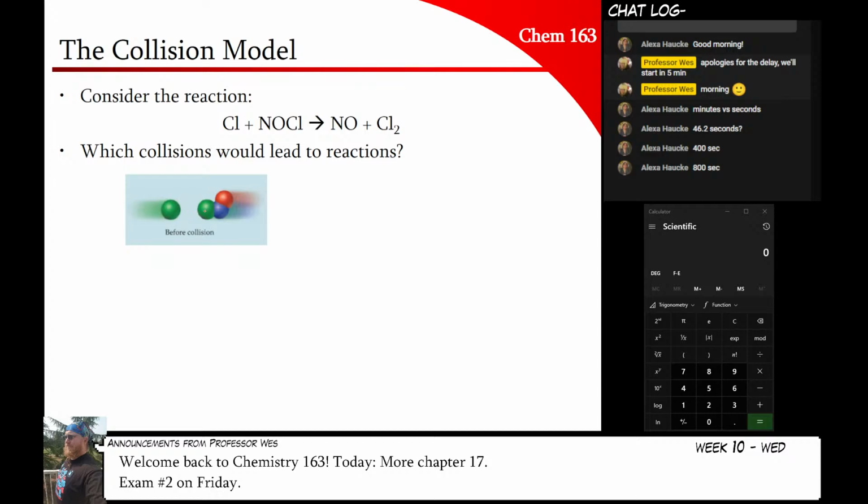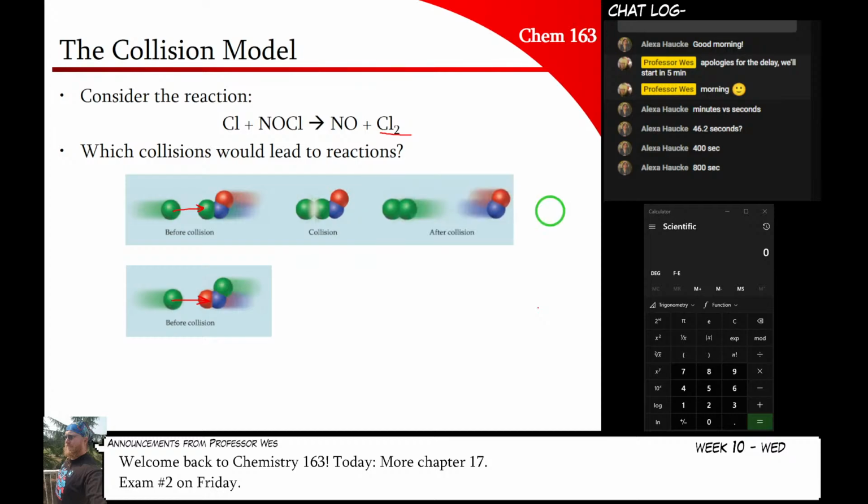Well, if this molecule bonks right into this guy, the opportunity for Cl2 to form exists. But what about this one? So if this molecule bonks into right here, can I make Cl2? Well, this is what these are going to look like. Here's my collision. Yay, that works. But what about this one? No, these would just bonk into each other and then repel, right?